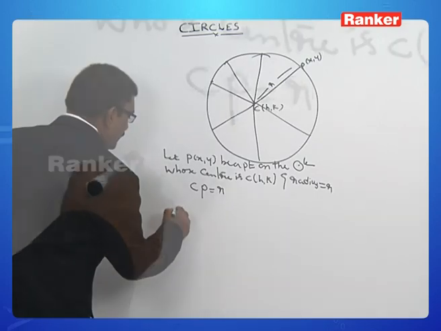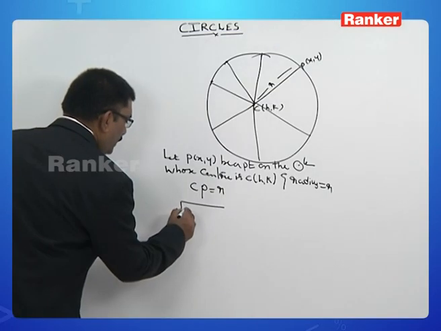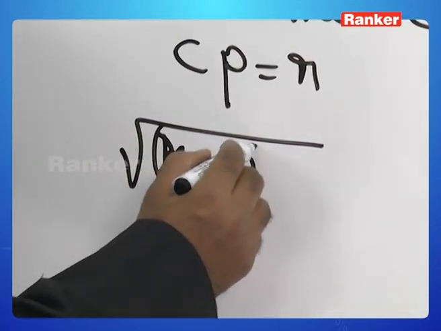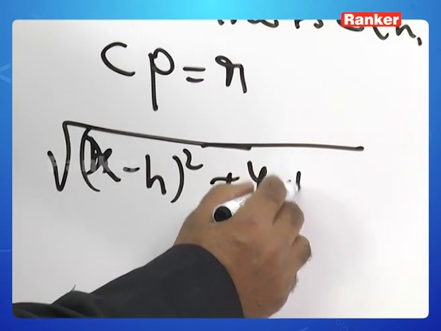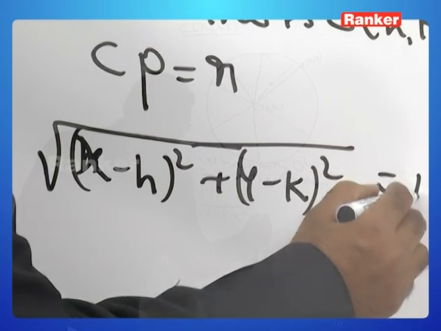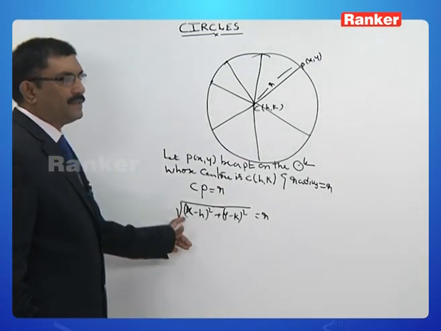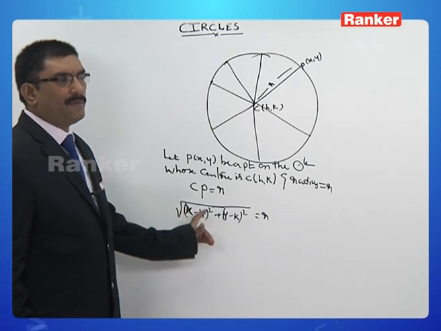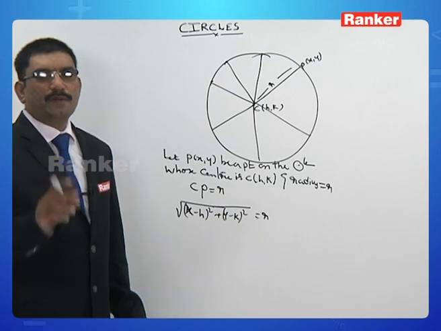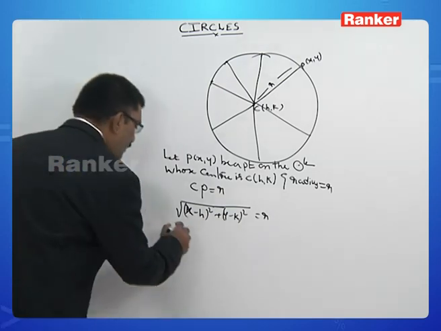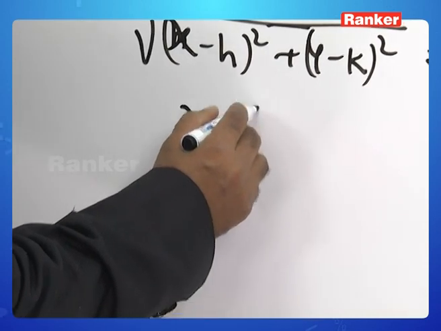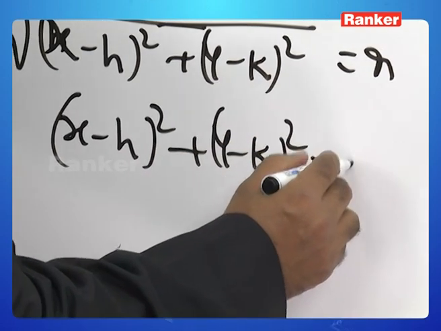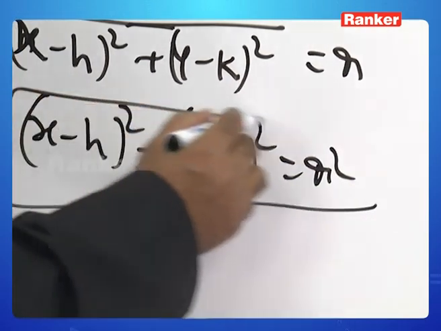Now, this is given by the distance formula: square root of x minus h whole square plus y minus k whole square is equal to R, that is, square root of x2 minus x1 whole square plus y2 minus y1 whole square is equal to R. Now squaring on both sides, this becomes x minus h whole square plus y minus k whole square is equal to R square.